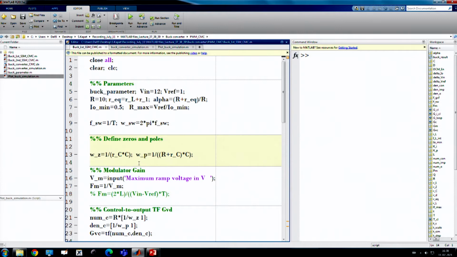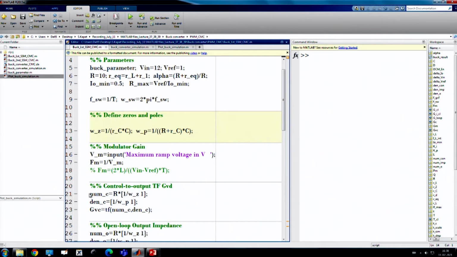Then what is the control to output transfer function? It is R times 1 plus S by omega ESR, and the denominator is 1 plus S by omega p, because in a transfer function we write the S polynomial coefficient first and then the constant term, right. So, this is my control to output transfer function. So, it is very simple.